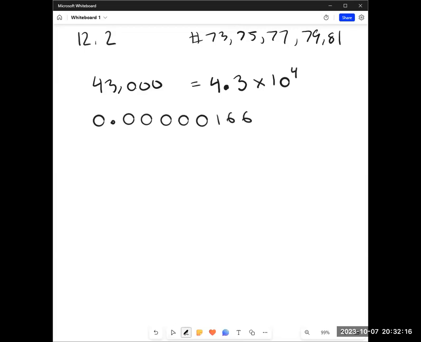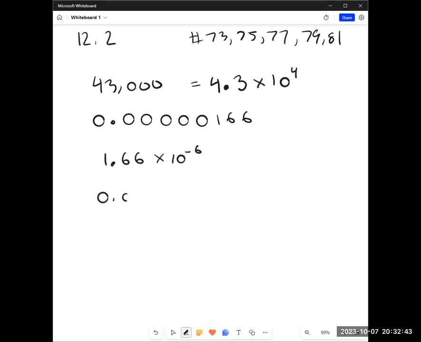So I'm going to move that decimal point so that it's between the 1 and the first 6, so that I have one significant digit to the left of the decimal point. I move the decimal point 1, 2, 3, 4, 5, 6 times to get there. So I need to move it back 6 times, 10 to the negative sixth, to be the same number.